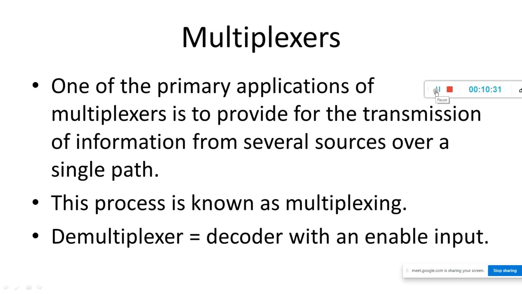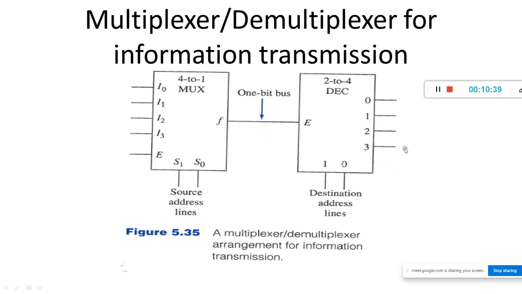Demultiplexer is nothing but a decoder with the enable input. This is a multiplexer demultiplexer combination or arrangement for information transmission. Students, you can see that at the left side we have 4:1 mux and at the destination side we have a 2:4 decoder.